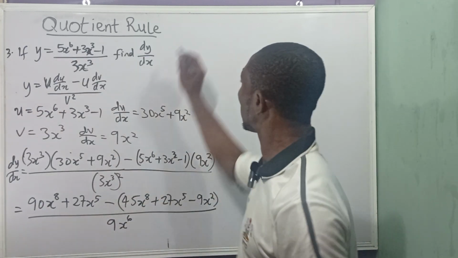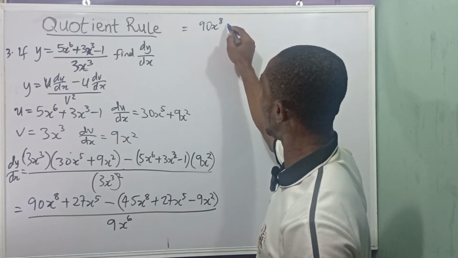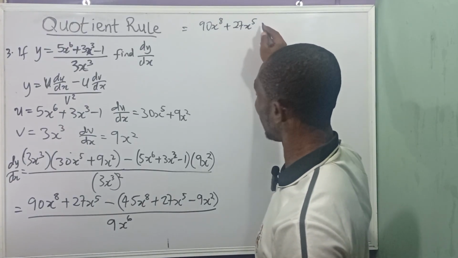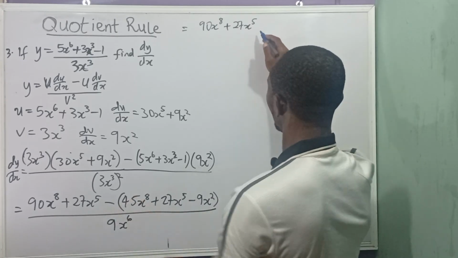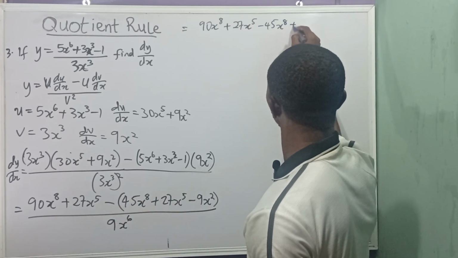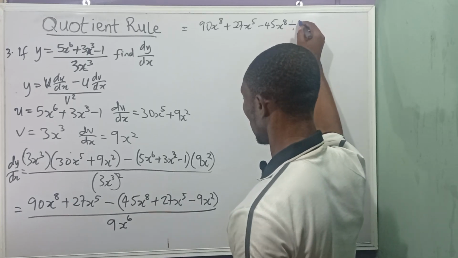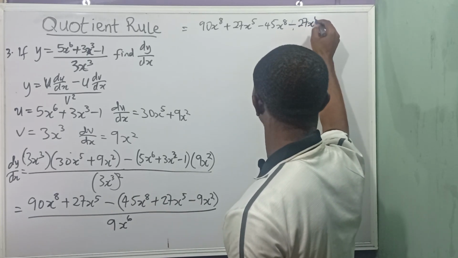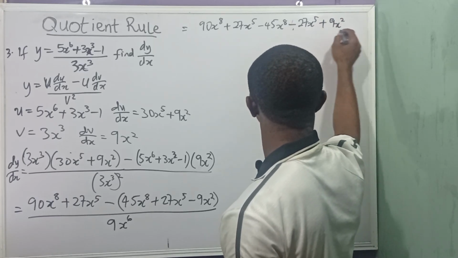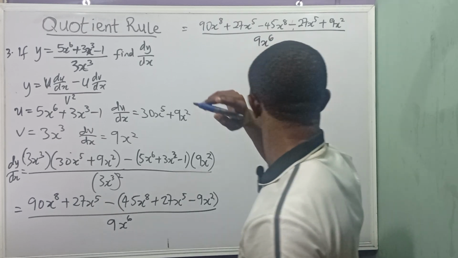Okay, expanding this from here, we have 90x raised to the power 8 plus 27x raised to the power 5. Expanding this, we have minus 45x raised to the power 8, minus 27x raised to the power 5 plus 9x squared, all over 9x raised to the power 6.